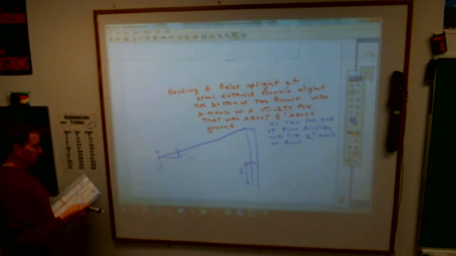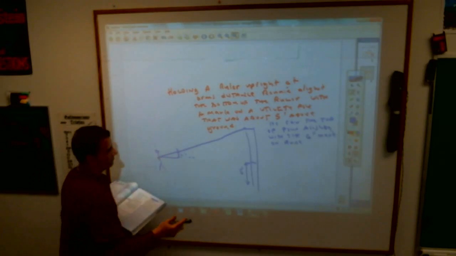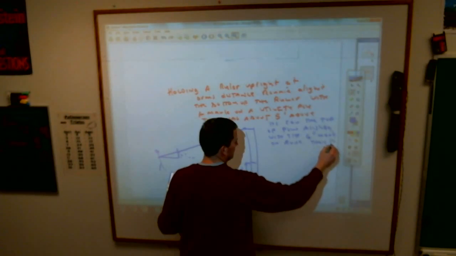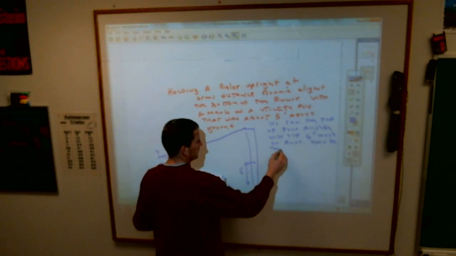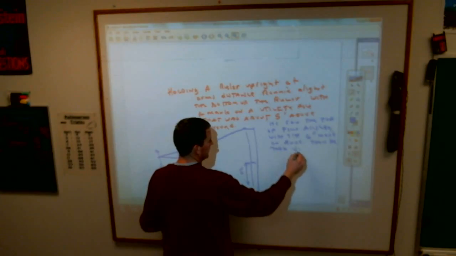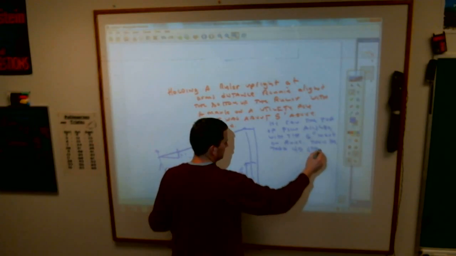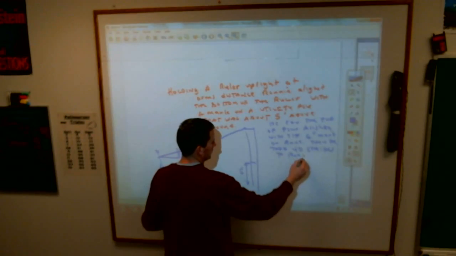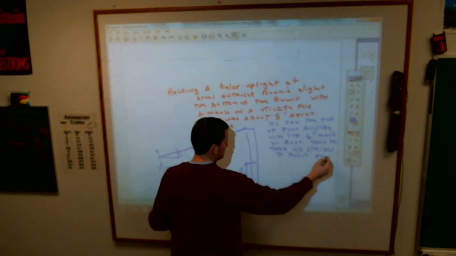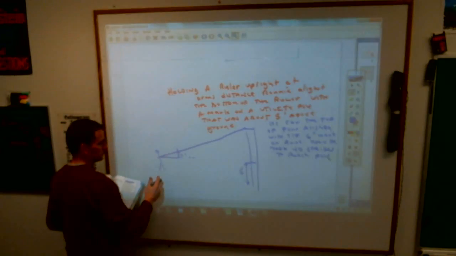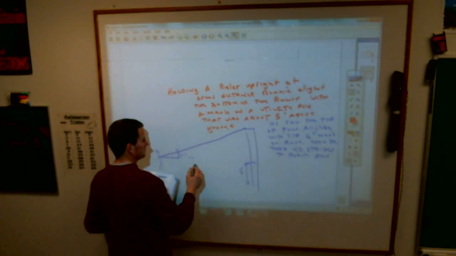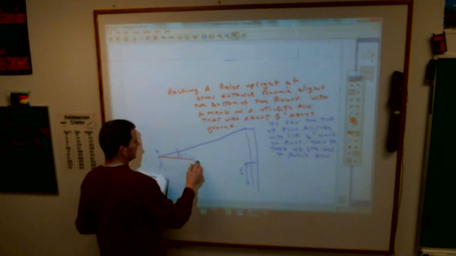Then he took 40 strides to reach the pole, which means from here he walked all the way to the pole.